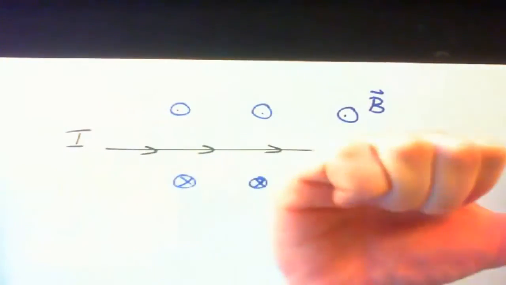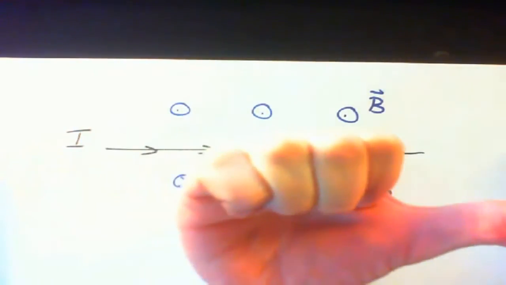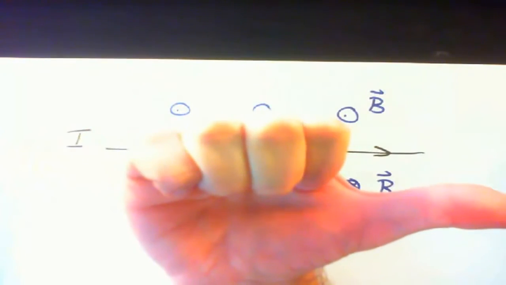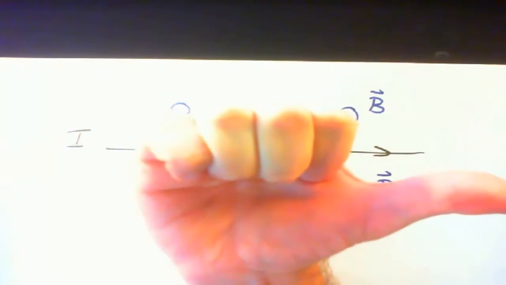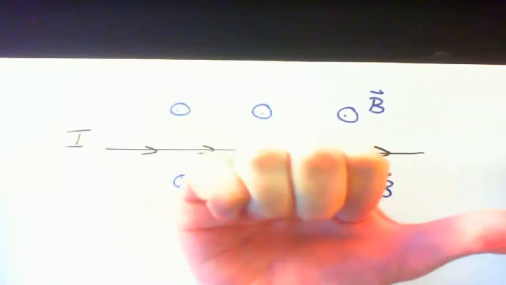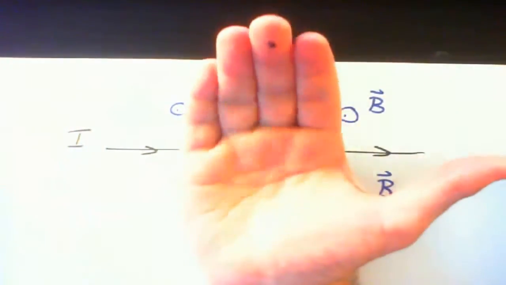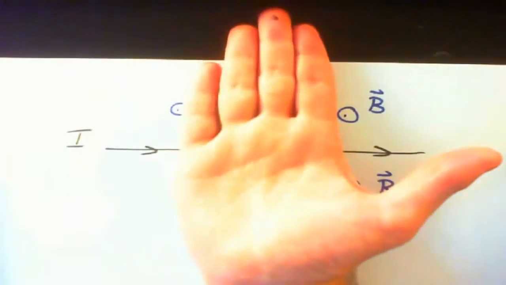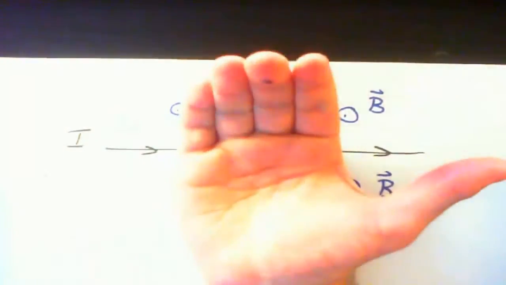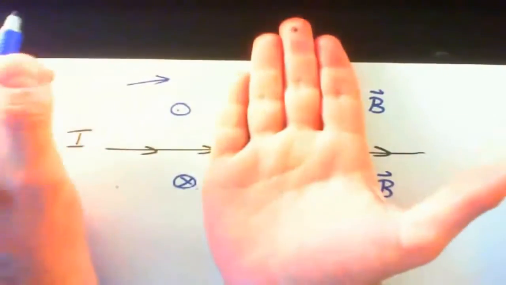So if we have a current flowing in the direction of your thumb, and we want to know about the magnetic field at a location, you put the tips of your fingers at the location that you're considering. Okay? Then you turn your fingers in towards the palm. If you start to turn your fingers towards the palm, that will tell you the direction of the magnetic field. So let's try that a couple times.